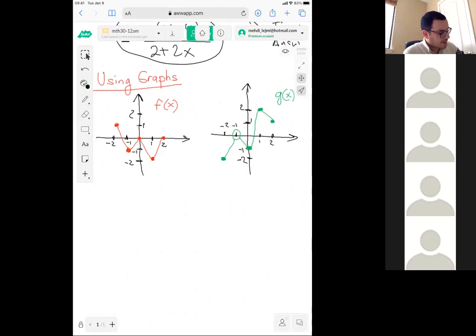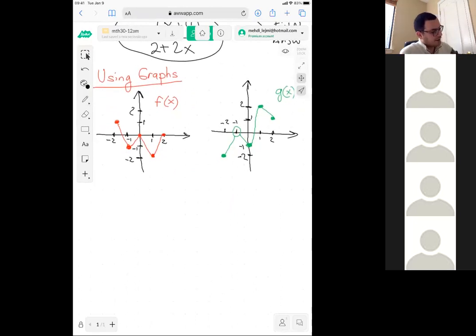And now, guys, before composition, let's say you just want to find f plus g of -2. Let me remind you how we find this. This is f plus g of x, the addition of two functions.